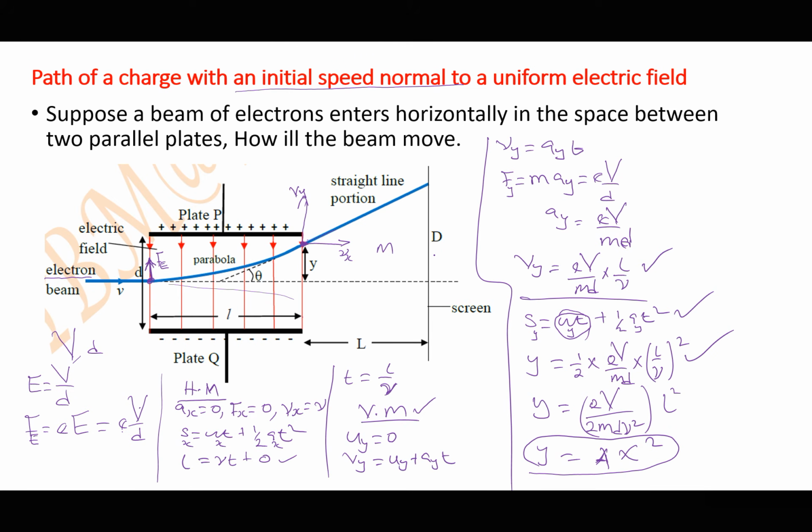I want you to note, first of all, that as the electron emerges, it continues in a straight line if the surrounding area after the plates is a vacuum. It continues in a straight line with the velocity that it has obtained when it is just emerging. I also want you to realize that the resultant velocity Vr at this point is the square root of Vx squared plus Vy squared, as we saw in projectiles.